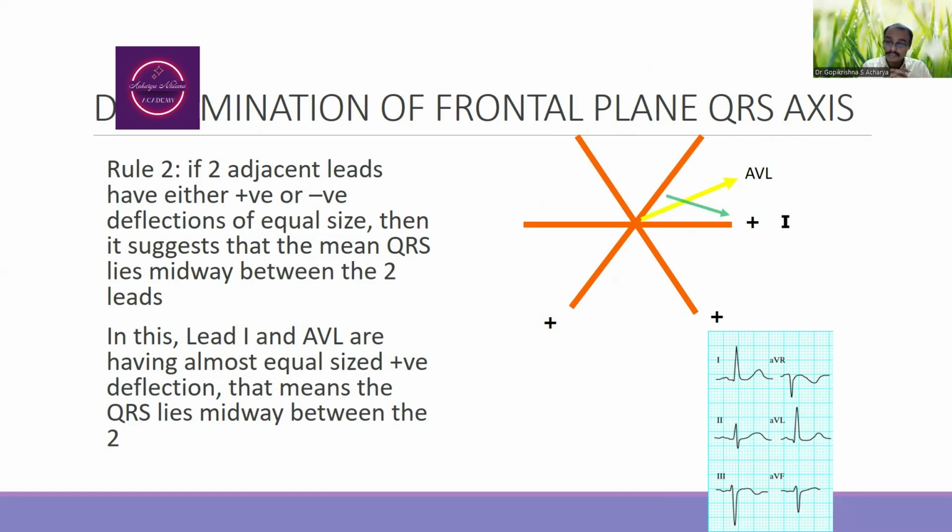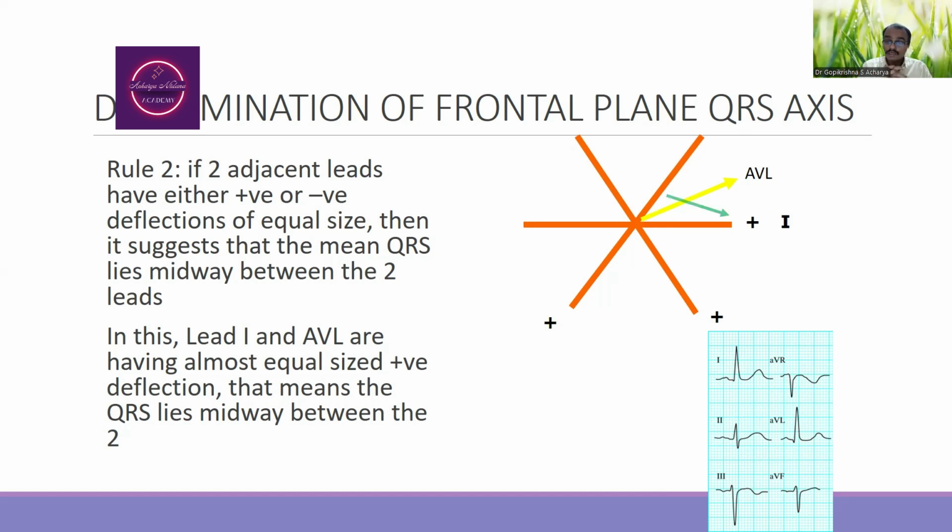This rule says the electrical axis will be midway between those two leads which are having equal configuration of the QRS complex. When you look at this smaller image, lead 1 and AVL are having almost equal QRS complexes. So the electrical axis will be lying midway between 1 and AVL.